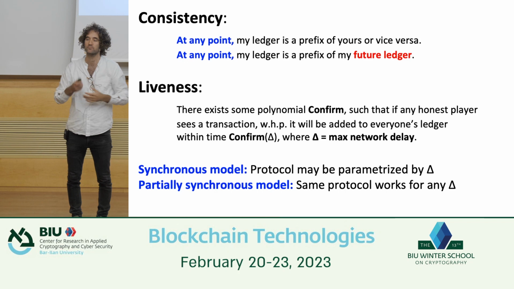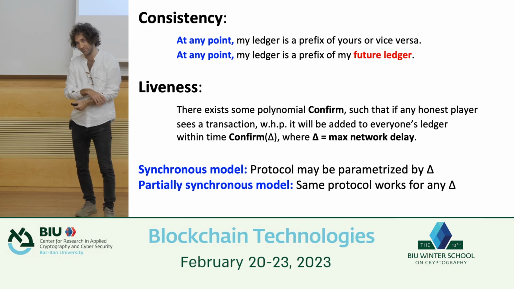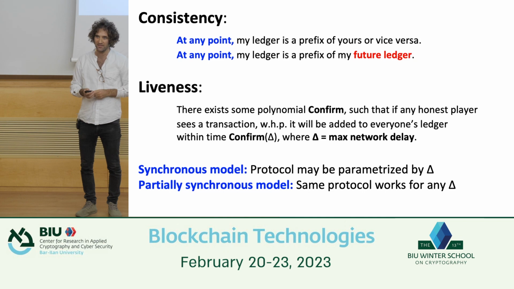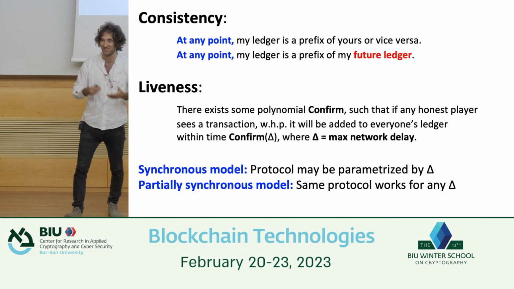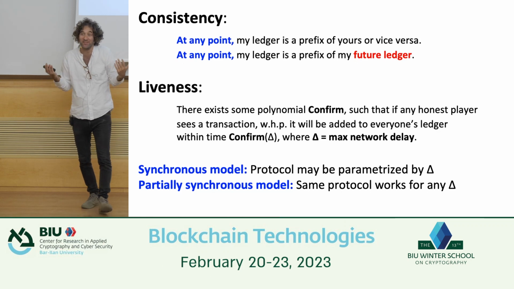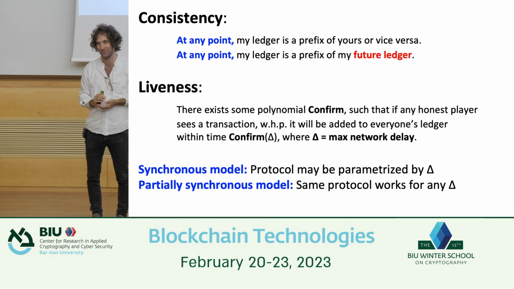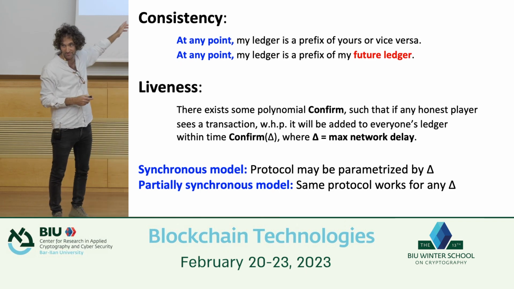Yeah? In practice, how do you set delta, the max network delay? So we'll discuss that when we get to it, and you should be answering that question. How does Algorand set delta? The way you set it is you just pick some reasonable upper bound. You're talking about the synchronous model?